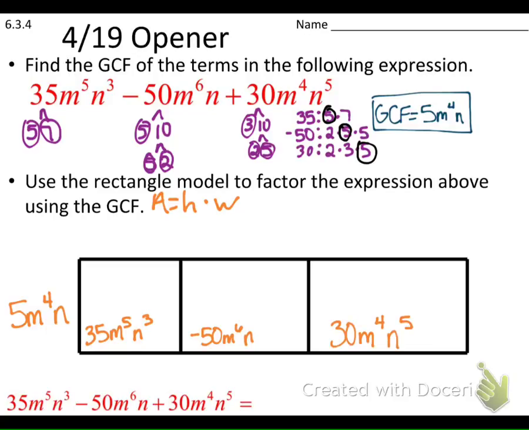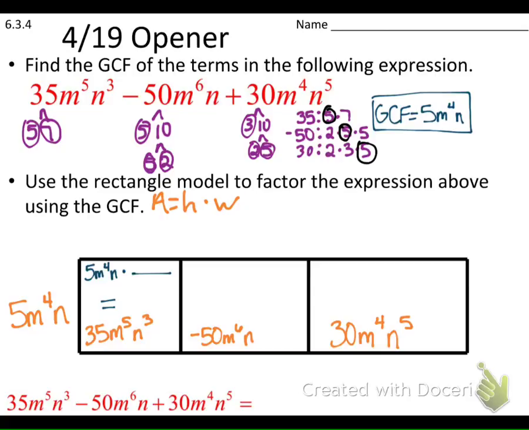All right. Now from here, I have two parts of information that I can use to find my width for each of those rectangles. So I'm going to go ahead and plug in my height first. 5m to the 4th times blank equals.